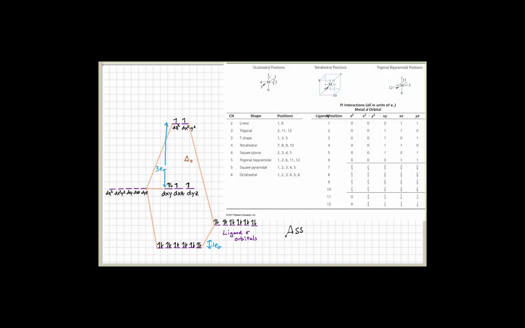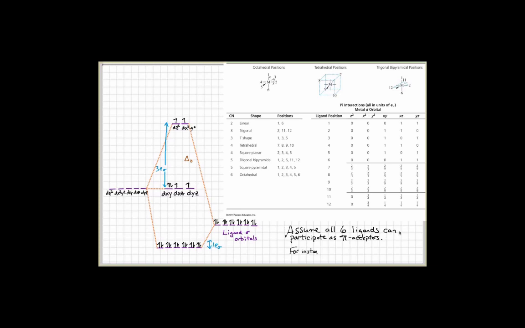There's a separate table in your book, similar but separate table for the pi interactions. And for this first example, we're going to assume that all 6 ligands can participate as pi acceptors.